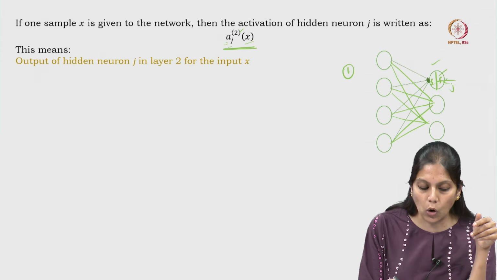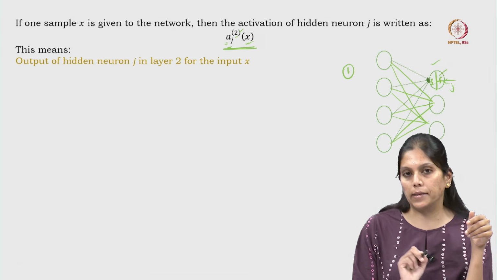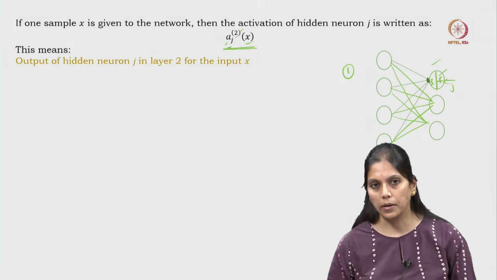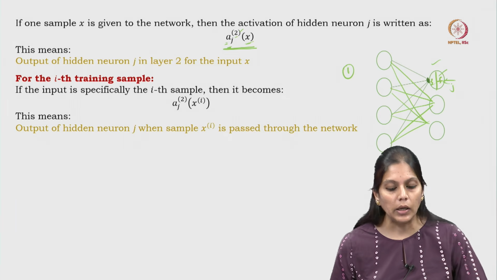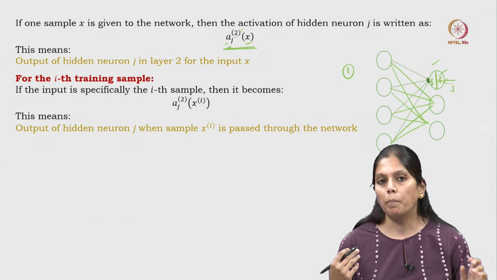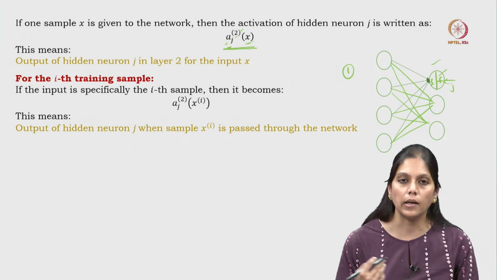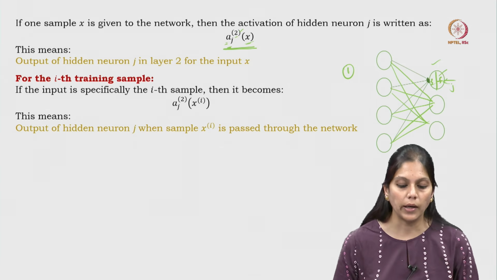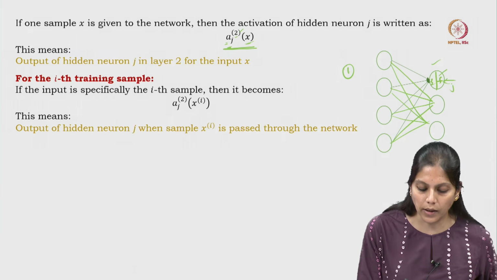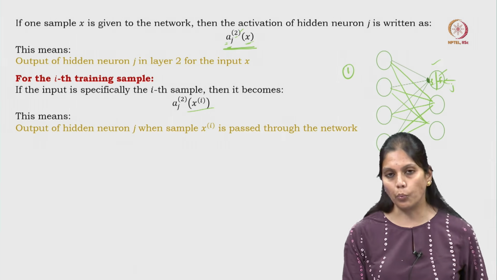This A is the output of hidden neuron J in layer 2 for the input X. This is how you will be reading it, right? Okay. So now in general, instead of passing a specific input, I am talking about the ith training sample. The ith training sample is denoted in this way.